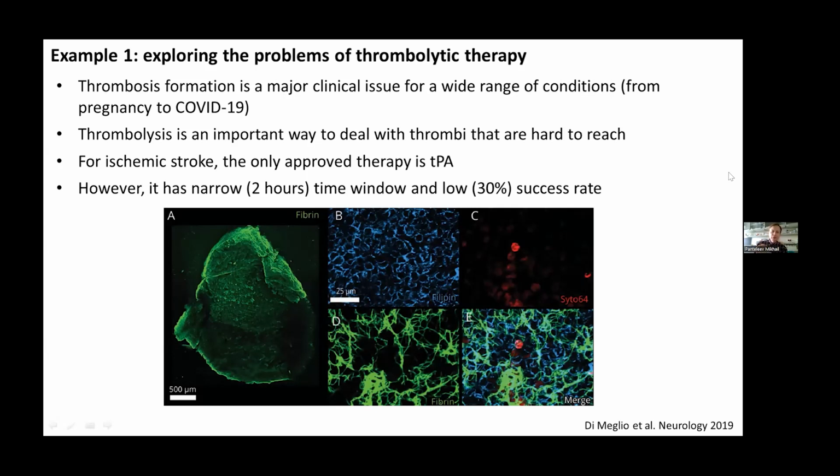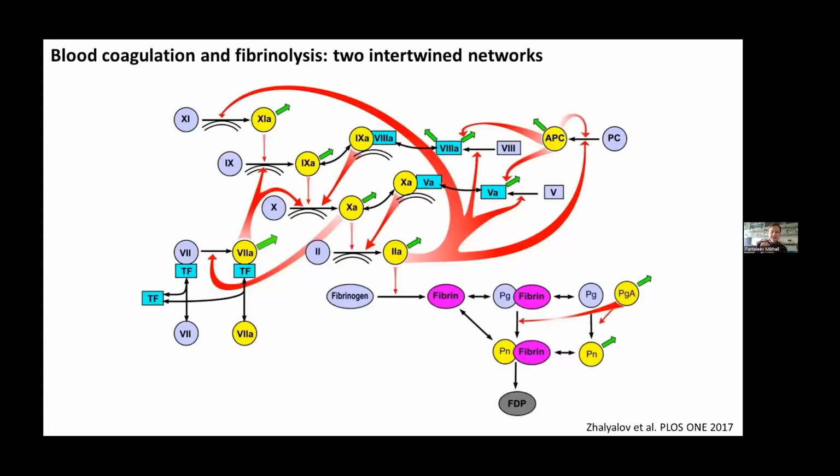So at some time point, as a part of a large collaboration supported by Horizon 2020 program, we addressed the problem of TPA action. If we look at the fibrinolysis system, we can see that it is a cascade of reactions that functions downstream of the blood coagulation cascade.